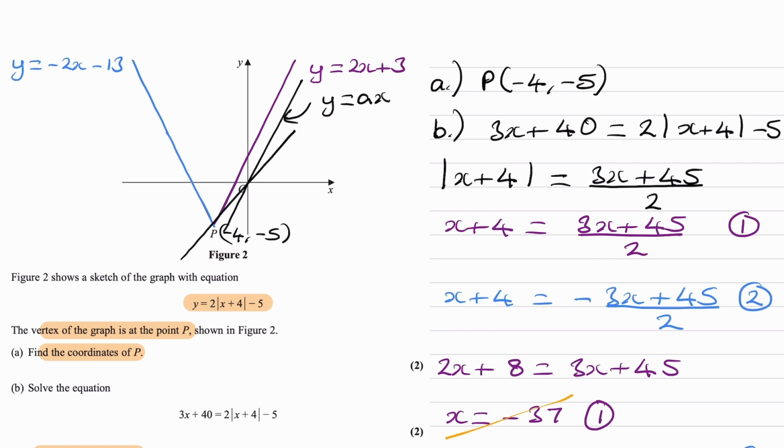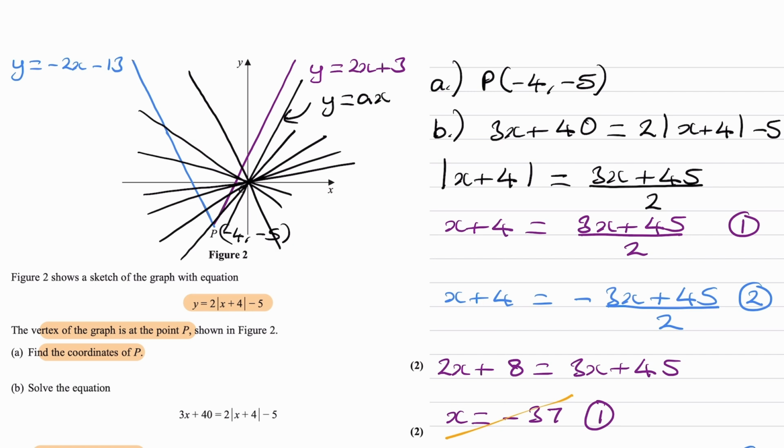If you make the gradient close to 0, you still see that it crosses the modulus function. Eventually the gradient becomes negative, and it still crosses the modulus function. And as the gradient of that line approaches negative infinity, again, we still see that it's crossing the modulus function.